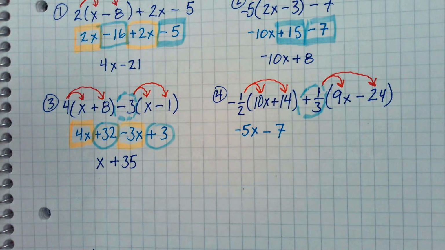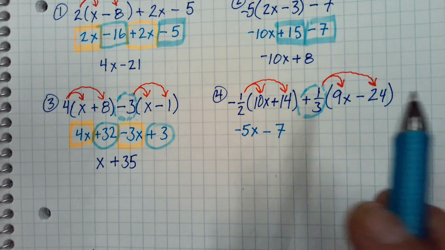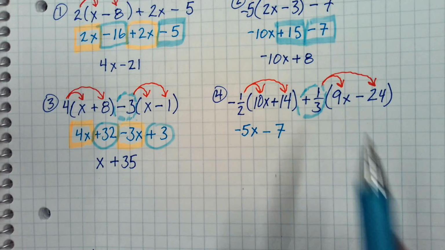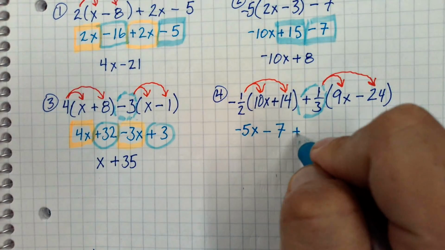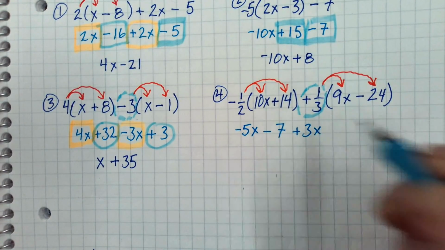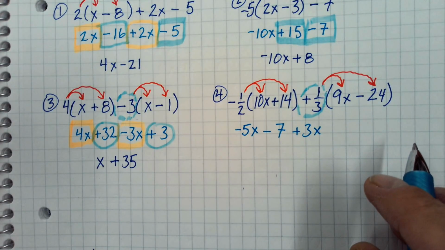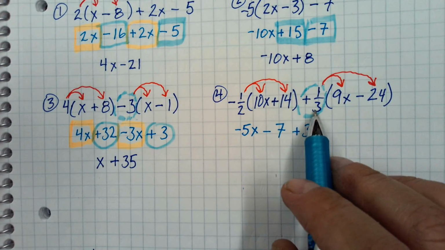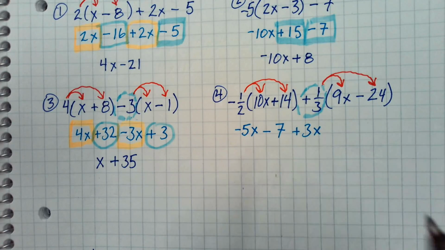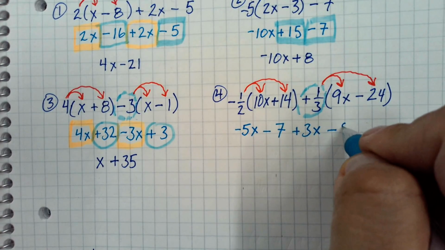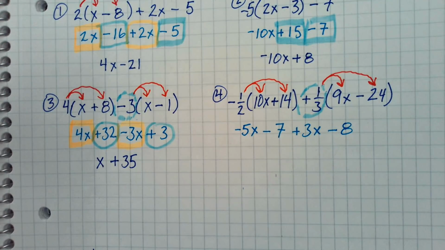So we want 1/3 of each number, which is dividing by 3, right? So 1/3 of 9 is 3. 3x. And then we just want 1/3 of 24. Negative 8 specifically, because it's minus 24.